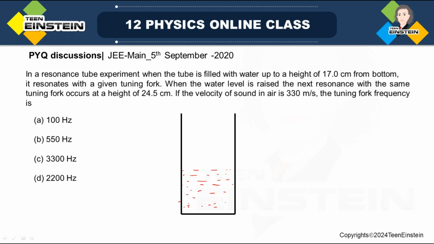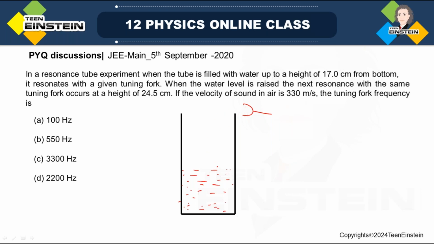There will be an arrangement to fill water externally from the tap into this tube, and you will be given a tuning fork, and that tuning fork you have to ring once, so that you produce a sound from the tuning fork and bring it near the tube.